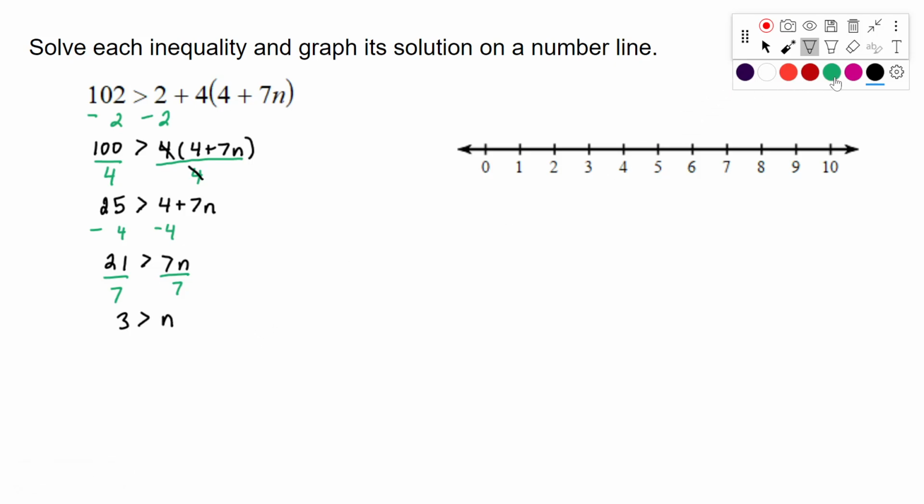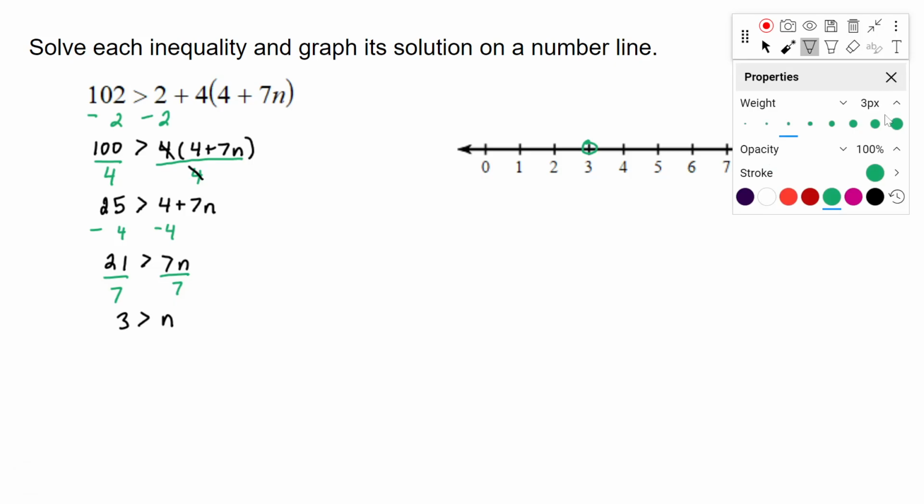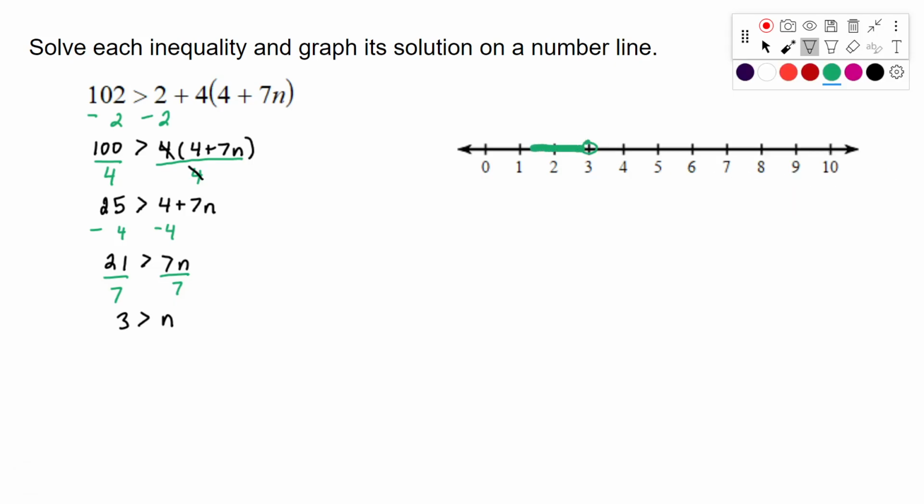Now be careful when you read this. We know we're going to need an open circle at 3 because it's not equal to, but this is saying that n is less than 3. Because n is less than 3, you want your arrow to go to the left of 3. So an open circle on the 3, arrow to the left.